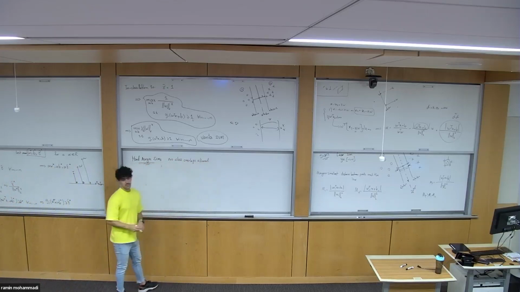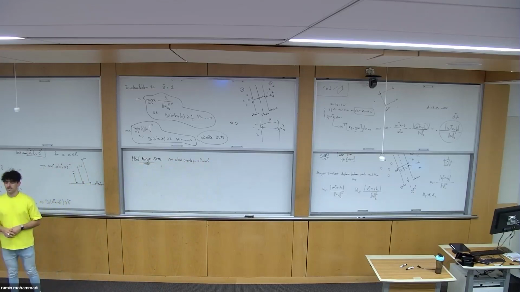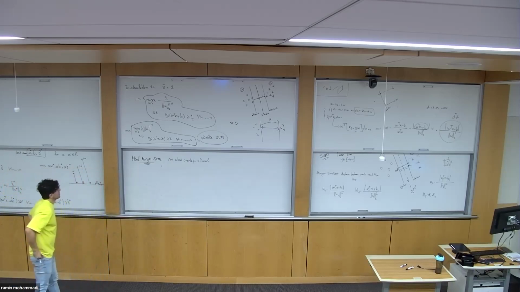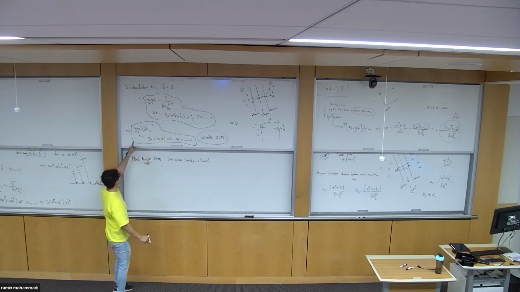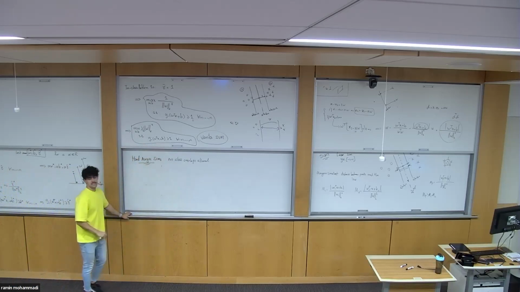Hard margin SVM is only applicable when your data is perfectly separable. If you have class overlap, this is not the approach. We will see the next one later. So let's look here. We are trying to minimize that subject to this.